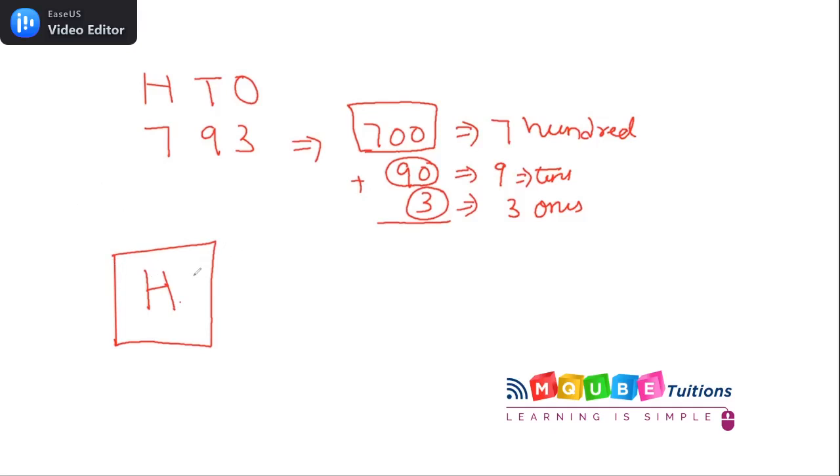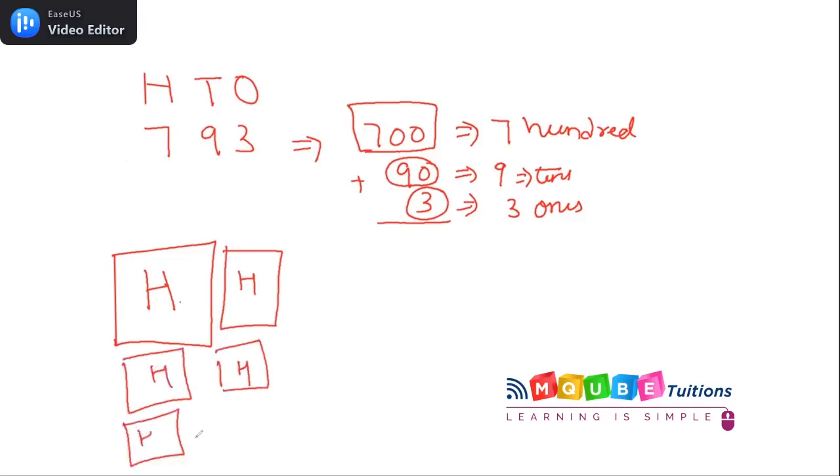We have to draw 700, so 700 blocks we have to draw. 1, 2, 3, 4, 5, 6, and one big one, 7. How many hundreds now do we have? 7 hundreds, isn't it? 1, 2, 3, 4, 5, 6, 7. Is it confusing? No, it's not.